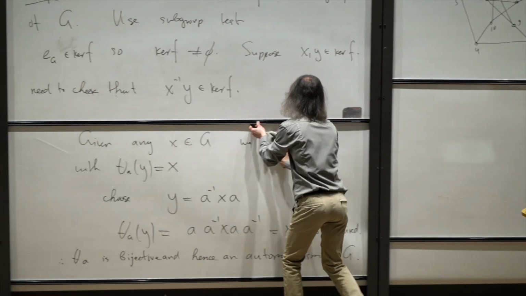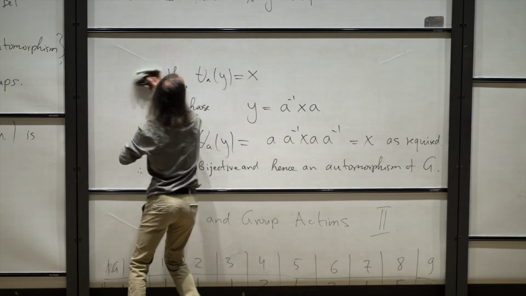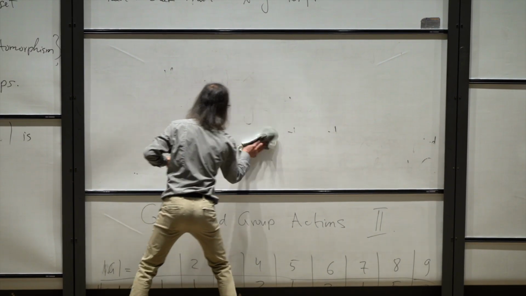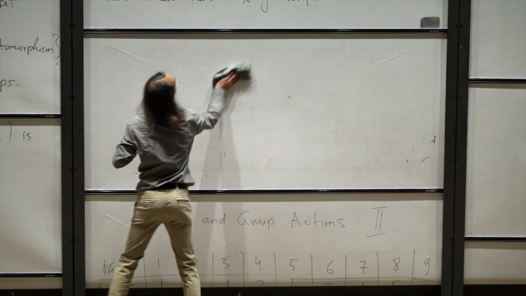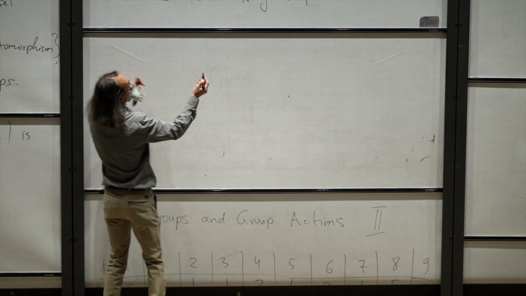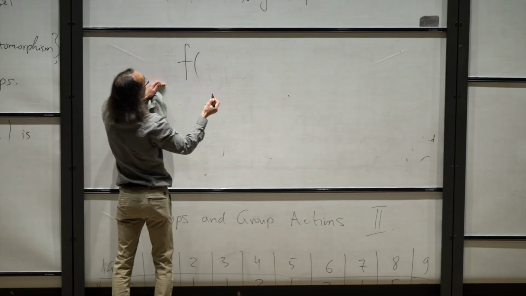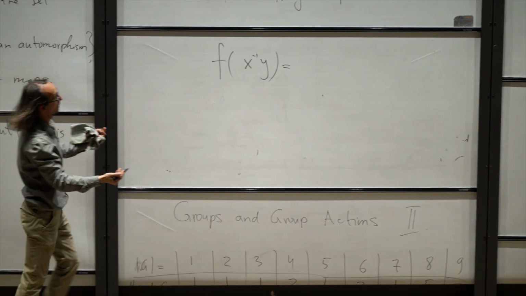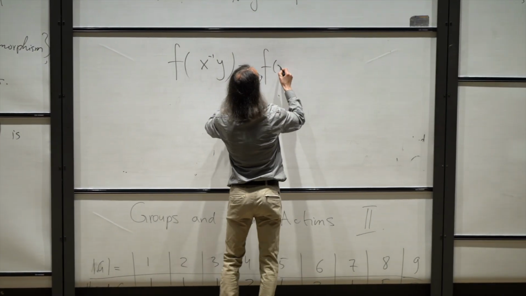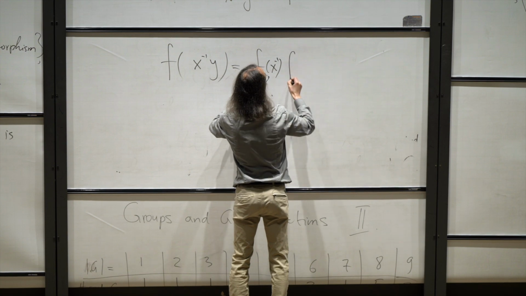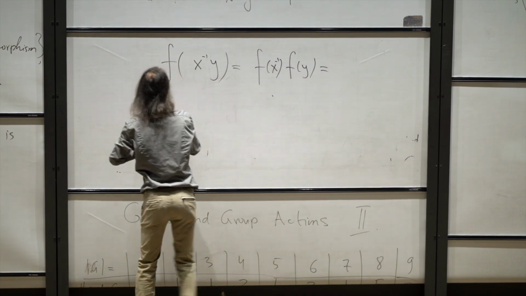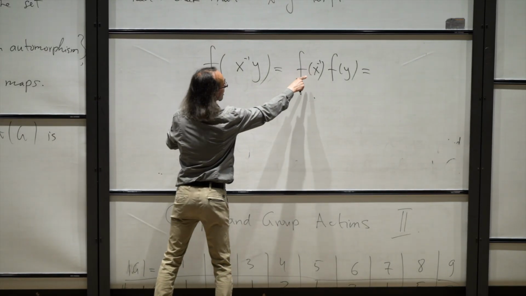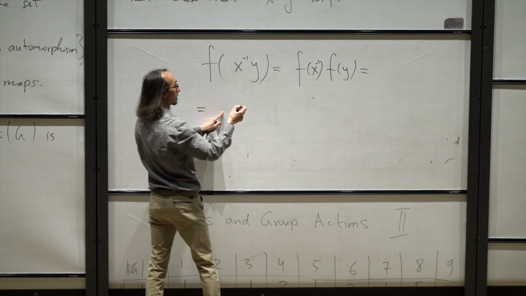And so what we do, we just verify it by applying F on X inverse Y. Well, since F is a homomorphism, this is F of X inverse times F of Y. And by the property of a homomorphism, the image of an inverse is the inverse of the image.